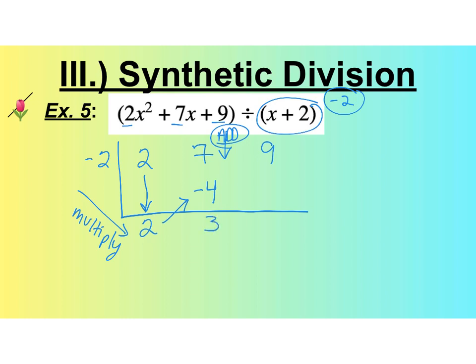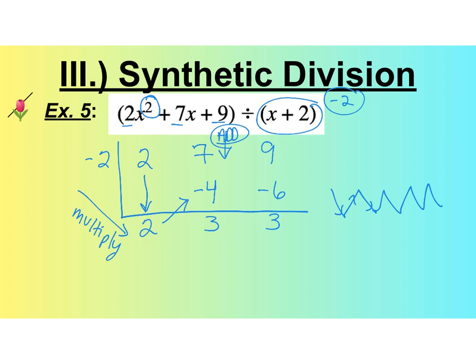And then I'm going to multiply diagonally again. -2 times 3 is -6. And I add down and I get 3. So it's kind of like this picket fence motion, up and down diagonally. So my answer is 2, 3, 3. We have to now get a polynomial out of this. So my original was x squared. Your answer is always going to be 1 degree less.